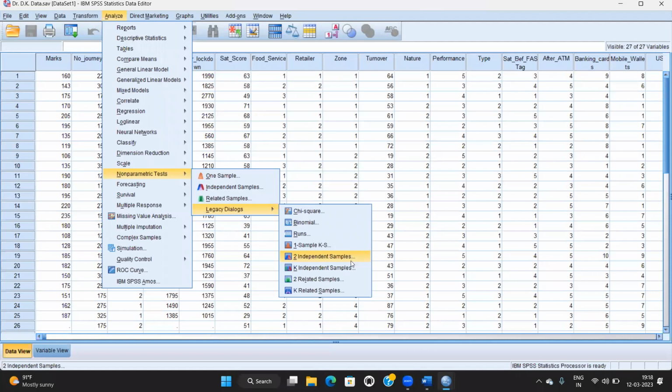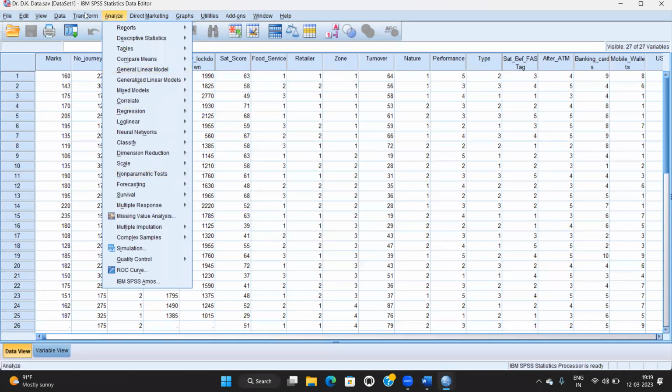Two Independent Samples test, that is what we have to apply because there are only two independent samples, managerial employees and technical employees. Since the data is given as ordinal data, we are applying this test. If it is scale data, we can straight away go to the independent sample t-test.